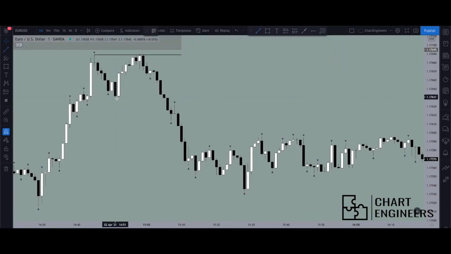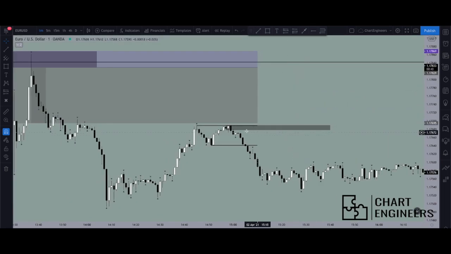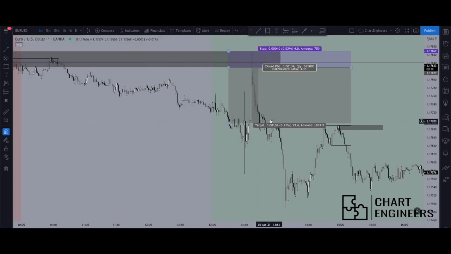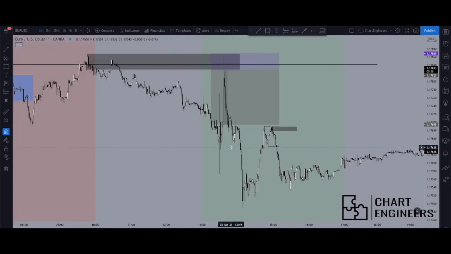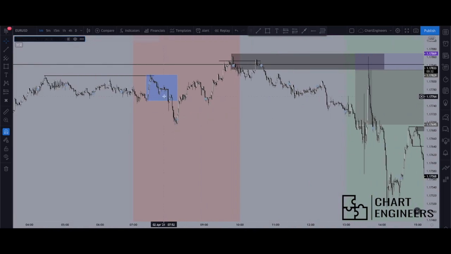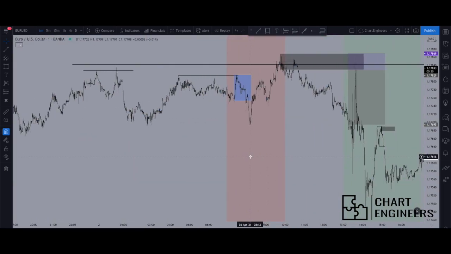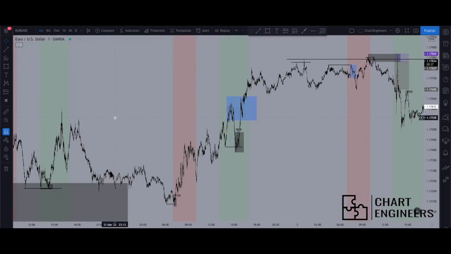So yeah, these double lows would be your structure break to the downside, and your breaker zone would be from here. You see after the structure break we don't get the RTO, so no trade over here. So yeah, this is this week. We have one trade here, another trade here, so just go over how much R you could have got throughout the whole week.